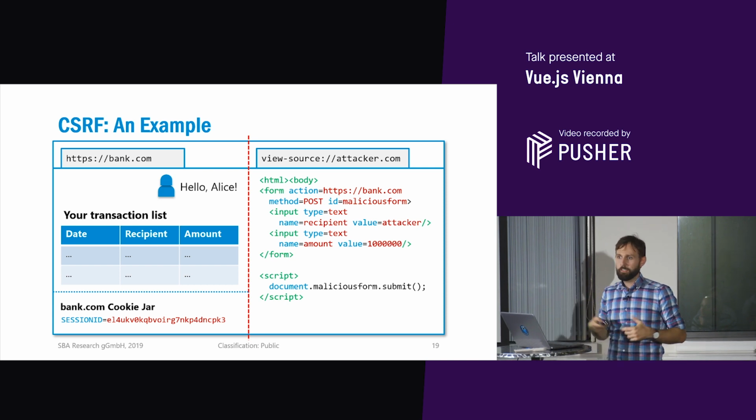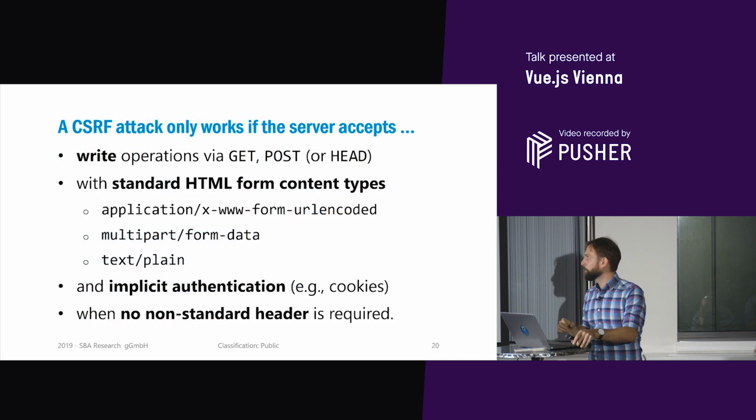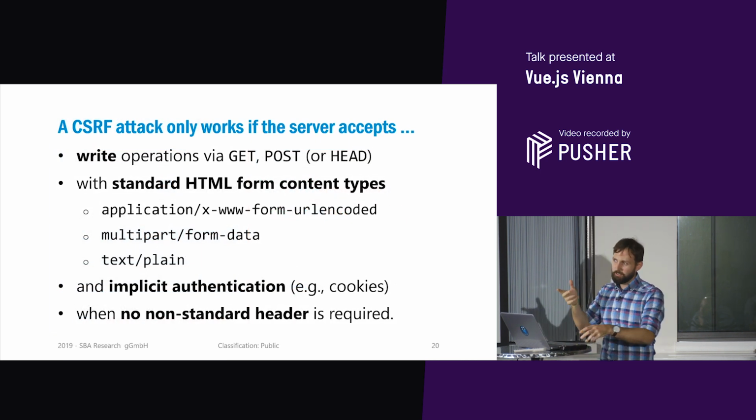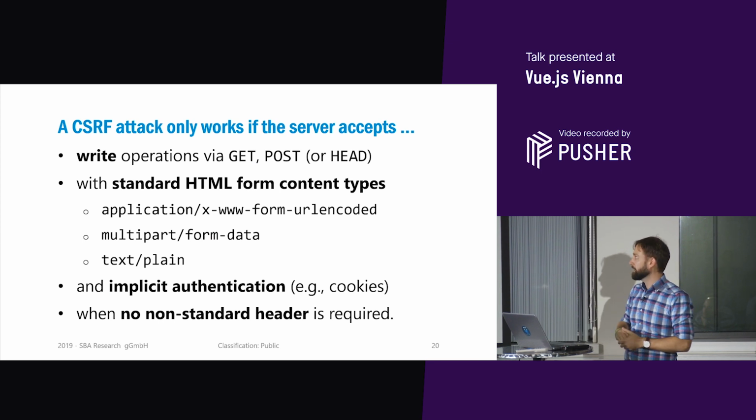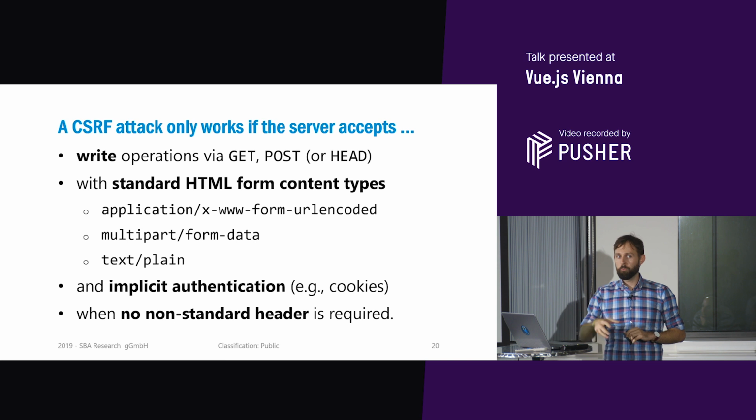You cannot read the response. It looks like an empty response, okay? So the attack only makes sense for write operations. It can be via GET if it's wrongly implemented on the server side, but mostly it's relevant for POST requests, for creating a new object.